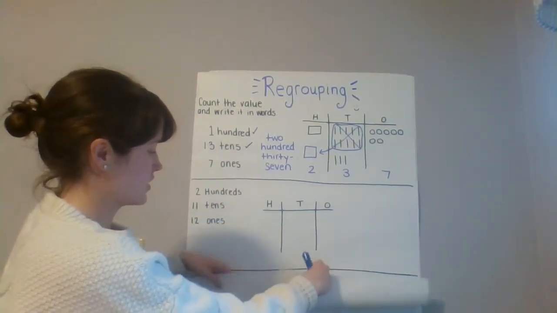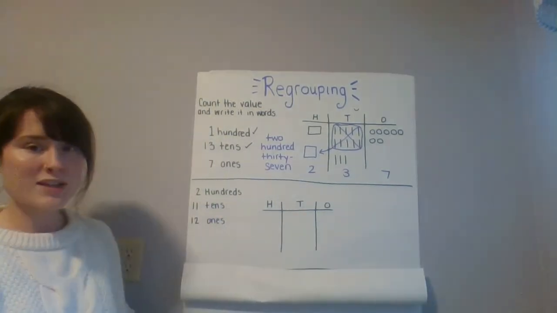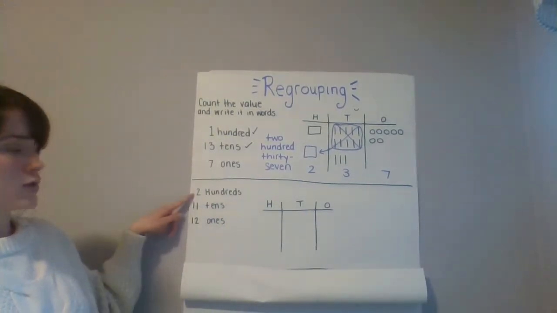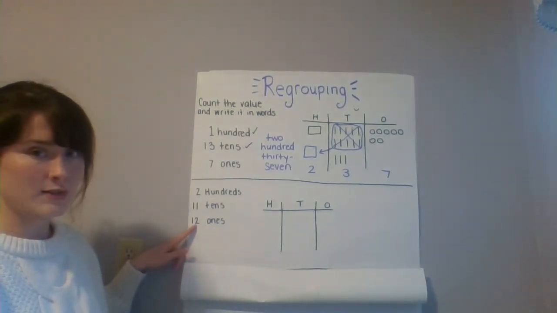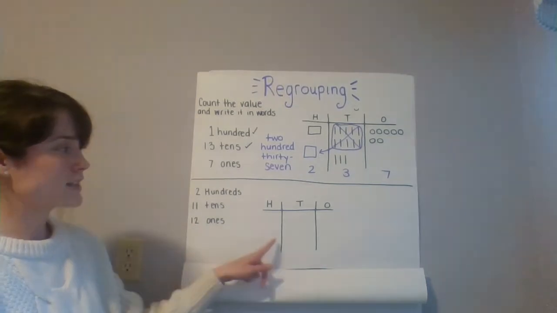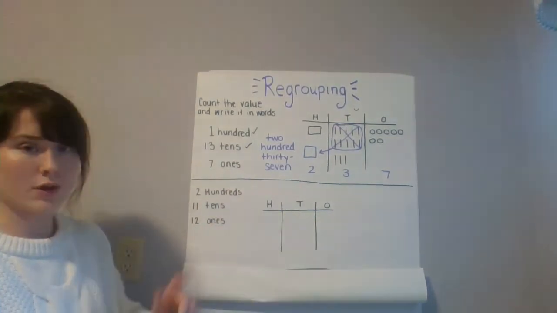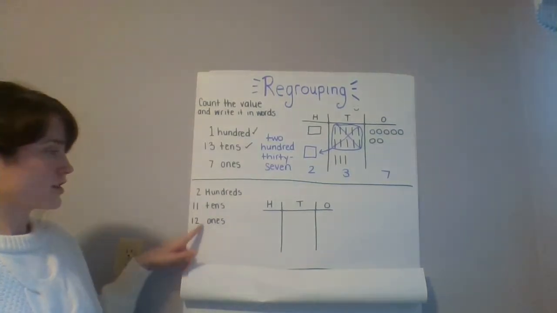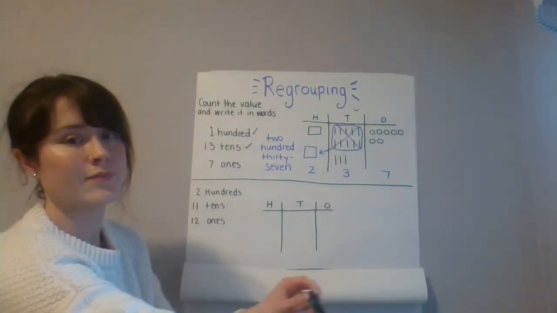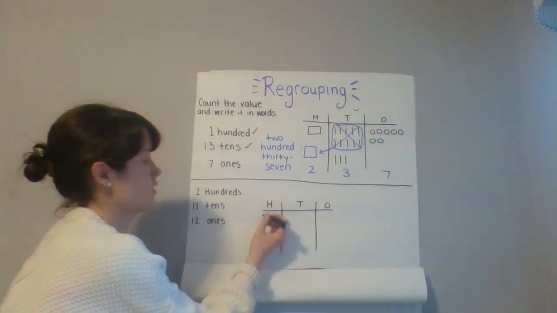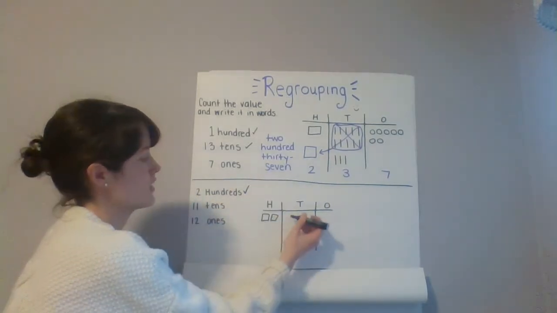So in our next challenge, we're going to use regrouping to help us figure out the value of 2 hundreds, 11 tens, and 12 ones. Go ahead and set up your place value chart with your hundreds place, your tens place, and your ones place, and start to sketch your base 10 blocks. 2 hundreds, check. 11 10 sticks.